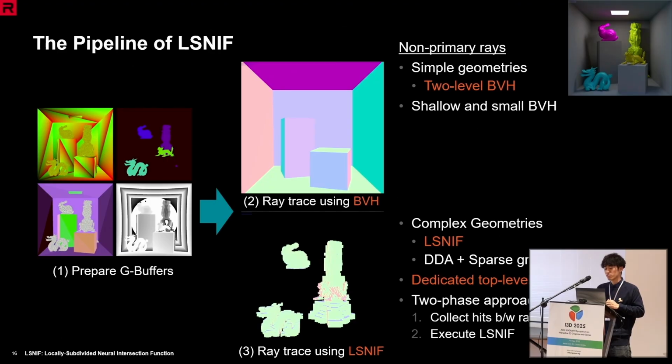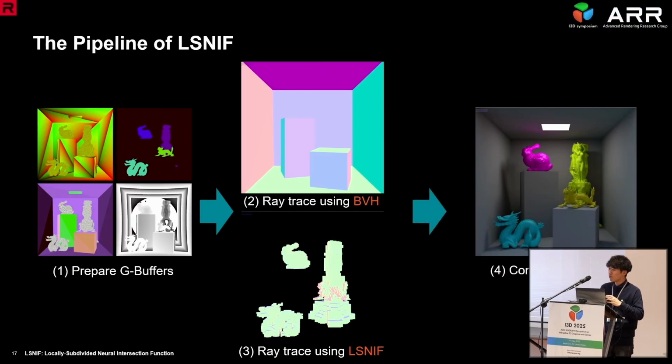The simplest implementation here is to execute LSNIF inside the BVH traversal, but it introduces some data and code divergence. So instead, we first collect all the hits between the ray and the LSNIF objects by traversing the dedicated top-level BVH. Then we execute LSNIF, by running DDA, applying sparse hash grid encoding, and executing neural network inference as a batch process for all the hits.